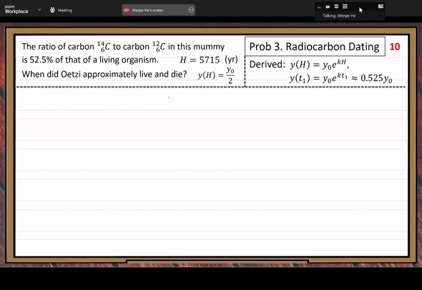Most people find T1 this way: from the first equation they find k, then plug it into the second equation, because the only unknown is T1, so T1 can be solved from the second equation. It's correct.